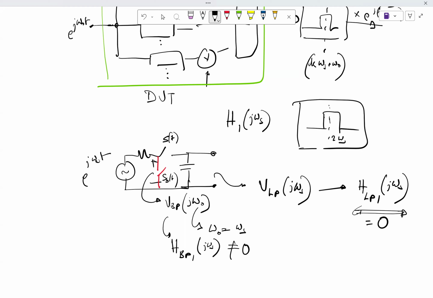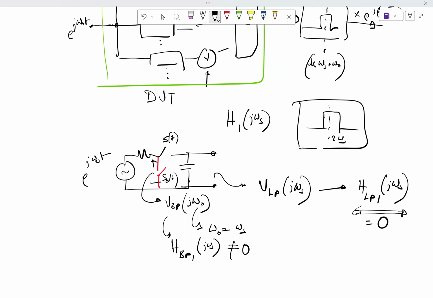What is the relation between VLP and VBP? In time domain, how do you express VBP if you know VLP? Multiply with S of t, right? So you have multiplication in time domain, which means convolution in frequency domain. If you have a DC value in time domain and you are multiplying it with S of t, what are you expecting in frequency domain?